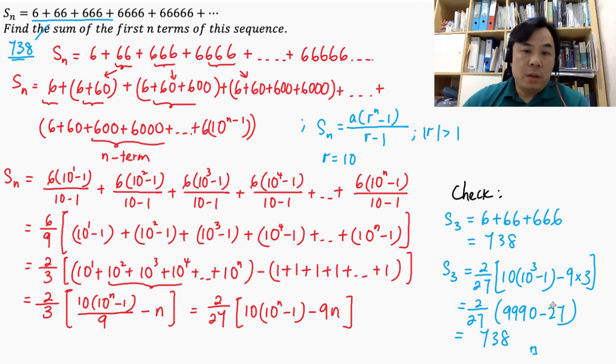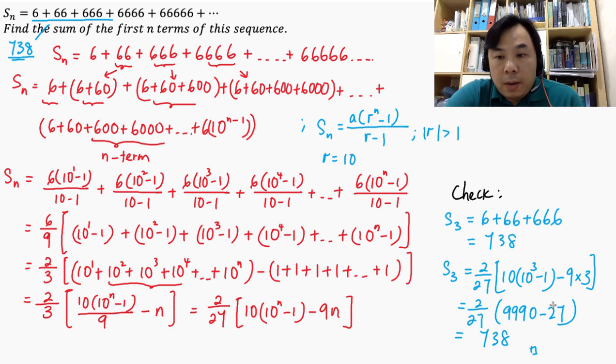Now, that's just a quick check. I wouldn't know whether it's absolutely correct, but if you are interested to verify whether this is correct, you can apply a more systematic method like mathematical induction to prove that this is exactly the correct formula to evaluate the sum of the n terms.